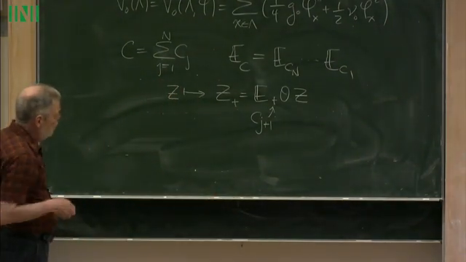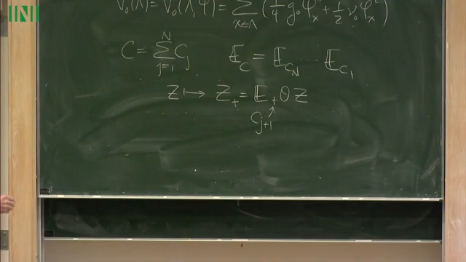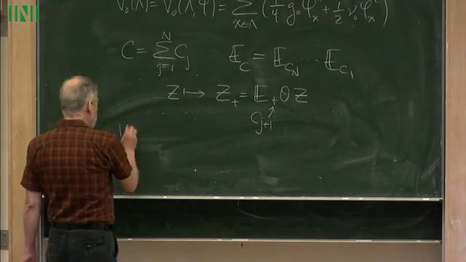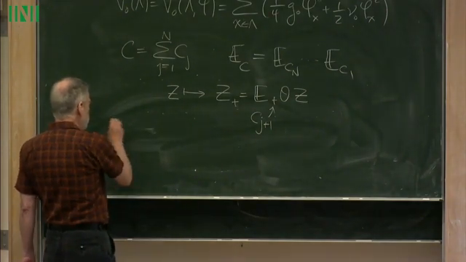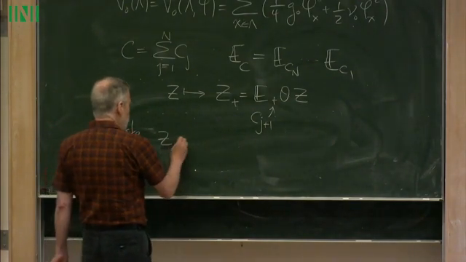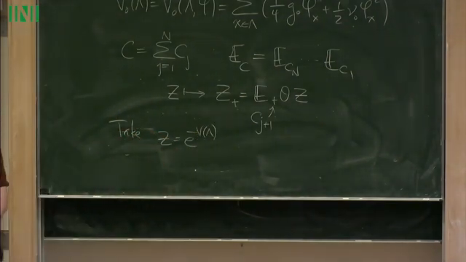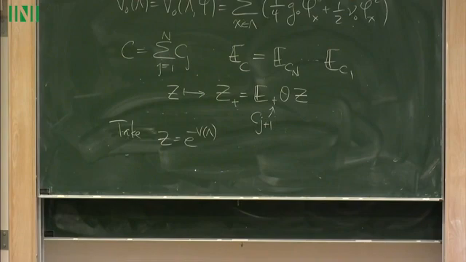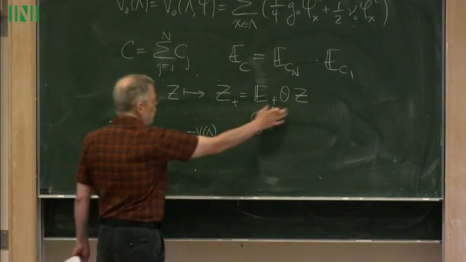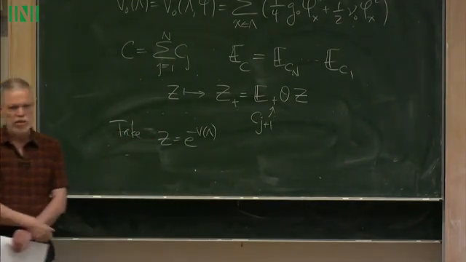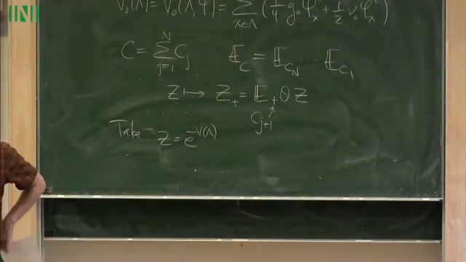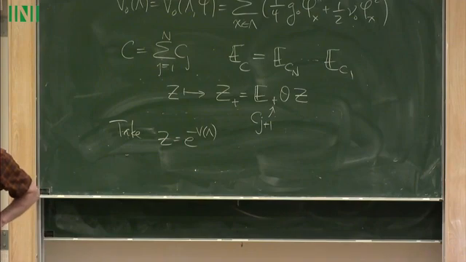So we've got this map, and a very interesting kind of z to apply the map to is, so take z to be e to the minus v of lambda. And what we would like to do is to calculate the renormalized potential. So if z starts like this, we'd like to write z plus as e to the minus v plus. That is going to be, in general, a very complicated function, v plus.